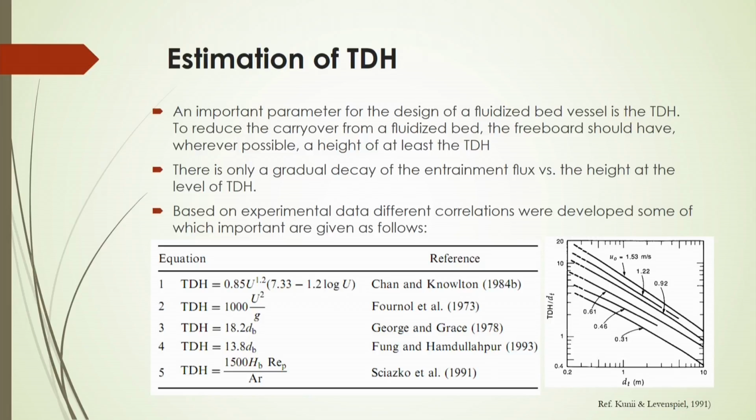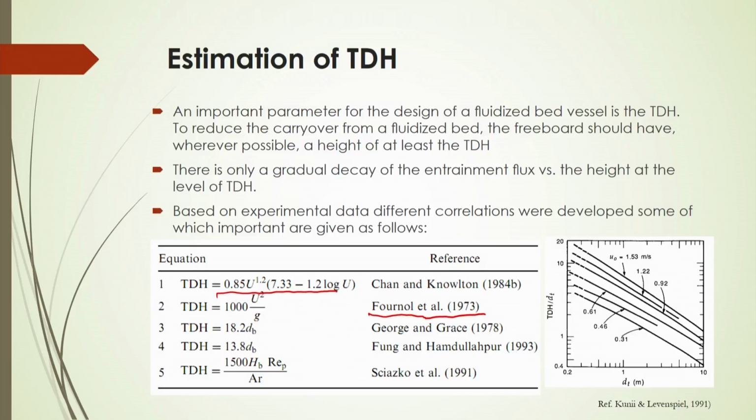Some important correlations are given here for estimating the transport disengaging height inside the fluidized bed. Sen and Knowlton, 1984, gave correlations to find the transport disengagement height that depends on the velocity of the fluid. And another important one is by Knoll et al.